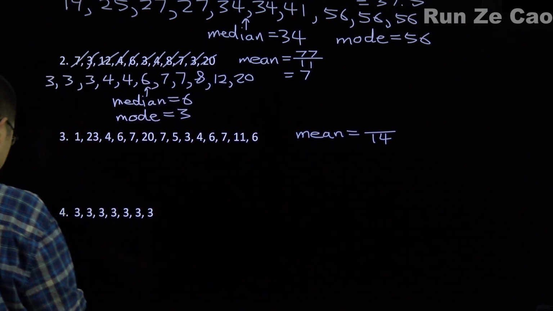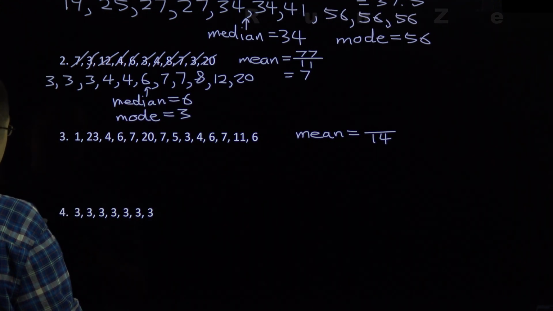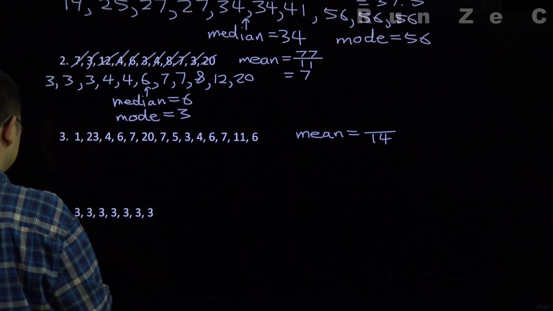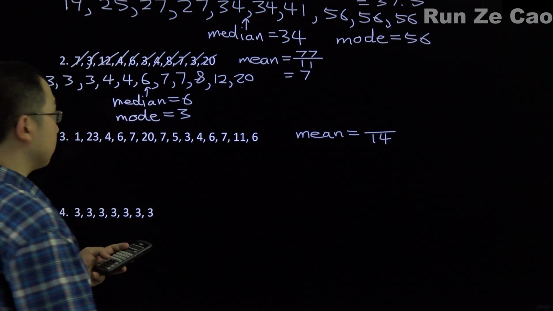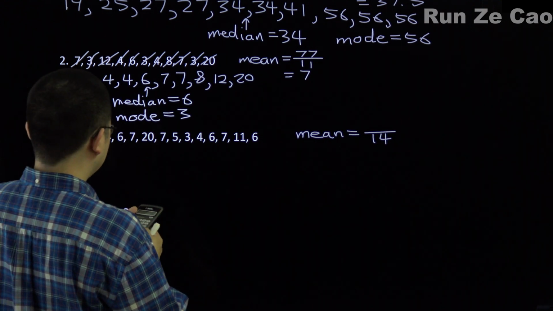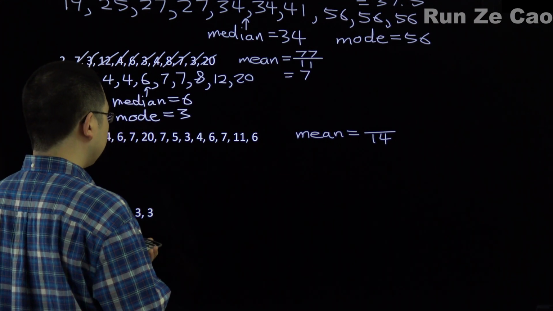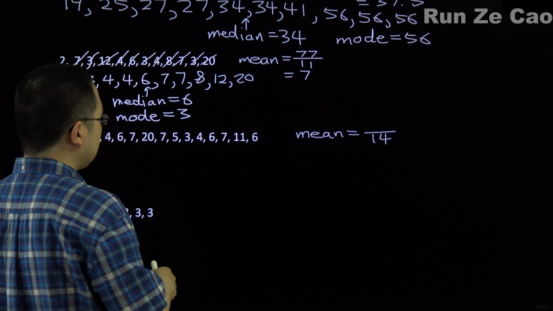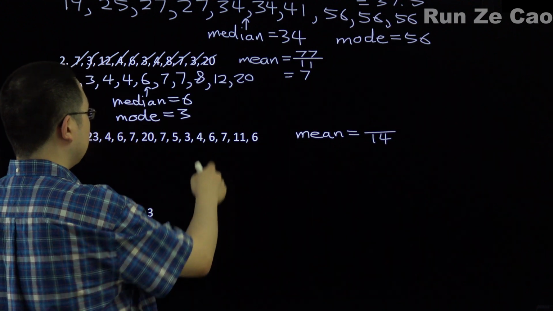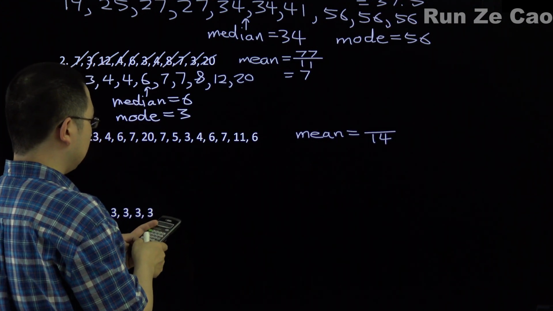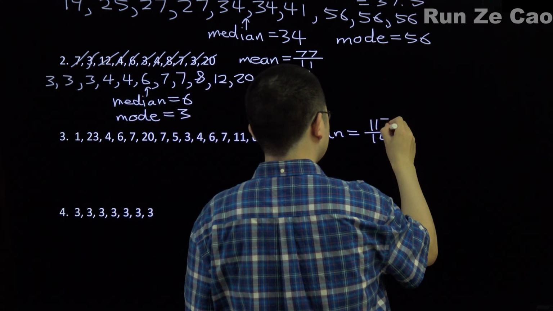So 1 plus 23 is 24 plus 4 plus 6, 34, plus 34, because 2 7s is 14, plus 20, plus 5 plus 3 plus 4 plus 6. 3 plus 7 is 10, 4 plus 6 is 10, therefore it's plus 25, plus 7, 11, and 6, that's 24. So 117 over 14.